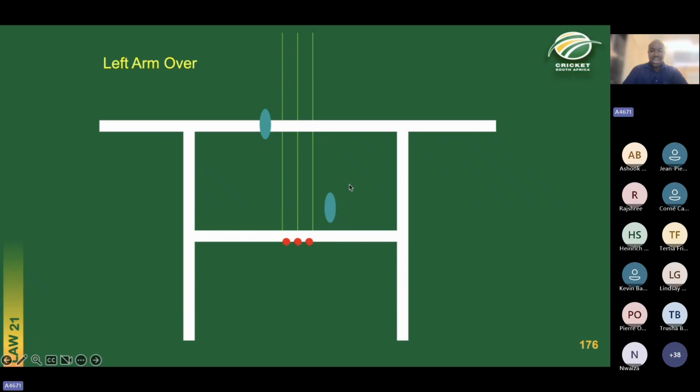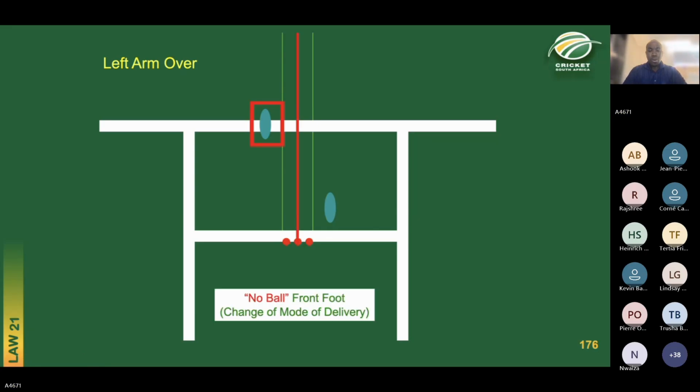This is no longer a left arm over the wicket bowler because they have, with their front foot, crossed the middle stump and gone to the other side of the stumps. And if you think about it, this position would definitely obstruct the bowlers and umpires' view of what's happening at the striker's end. So this will be called a no ball. Why? Because the bowler has changed his or her mode of delivery without informing the umpire.